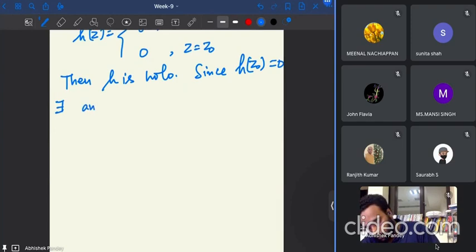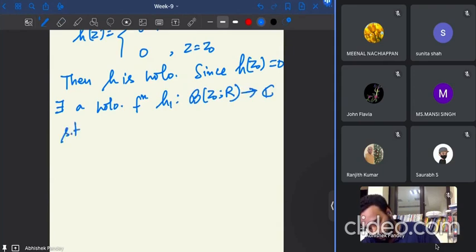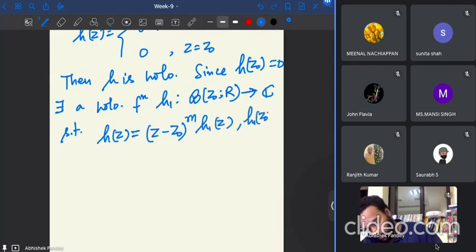there exists a holomorphic function, let us say h1 from this ball to C, such that h of z can be written like this: (z minus z naught) to the power m times h1 of z, where h1 at z naught is not equal to 0, for some m.